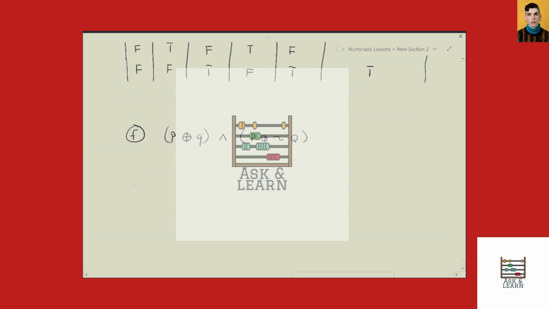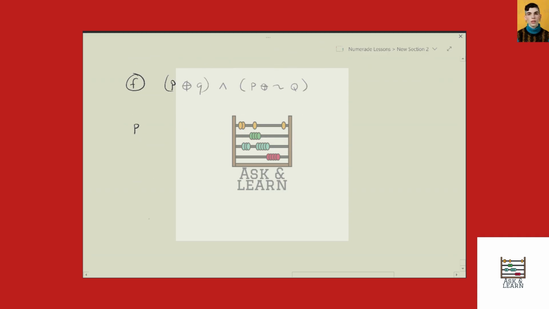All right. So we need the P. We will need a Q. We will need a negation of the Q. We need P or Q exclusively. We will need P or the negation of Q exclusively.